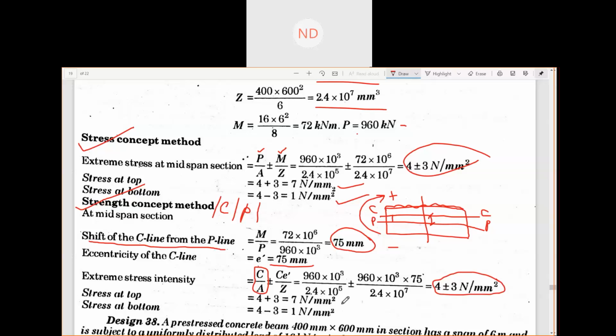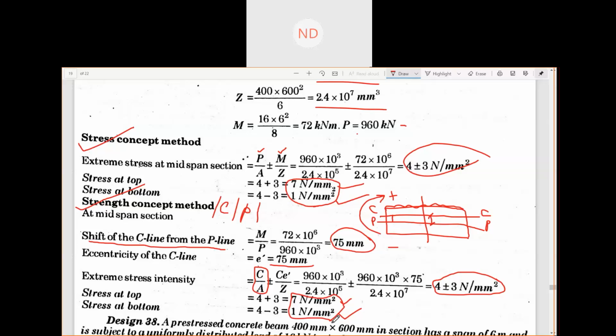So the stress at the top is how much? 7 Newton per mm square, and at the bottom we have 1 Newton per mm square, which is the total stress at the top and at the bottom. Here also it is the same, 7 Newton per mm square at the top and 1 Newton per mm square at the bottom. That means whether you solve a question by the stress concept method, by the strain concept method, or by the load balancing method, your stresses developed will be the same for the top, the bottom, or the entire stress.